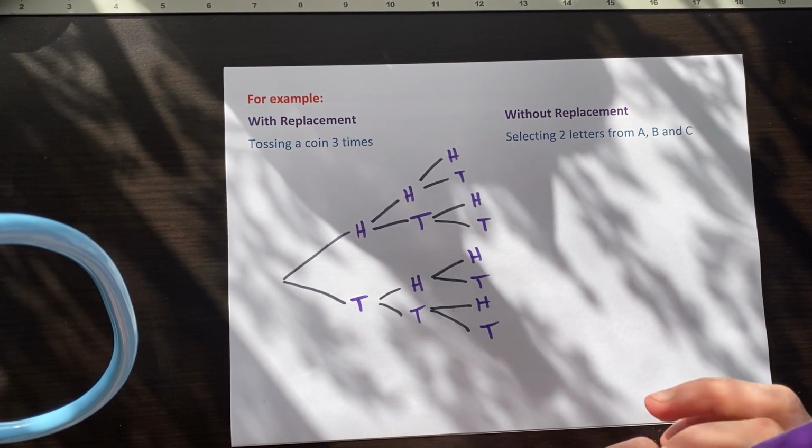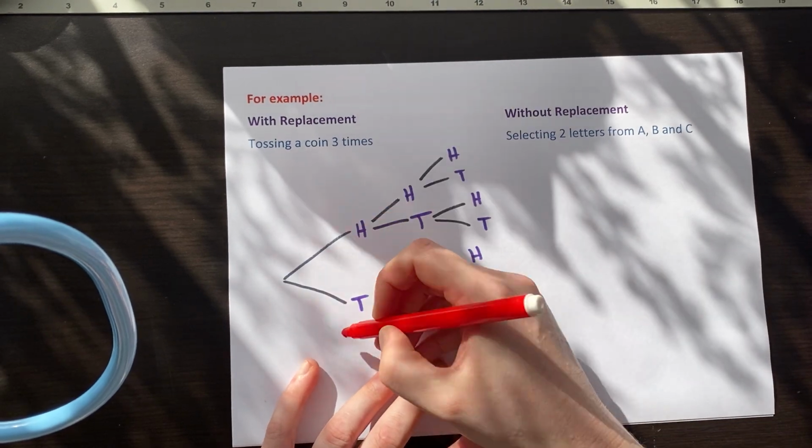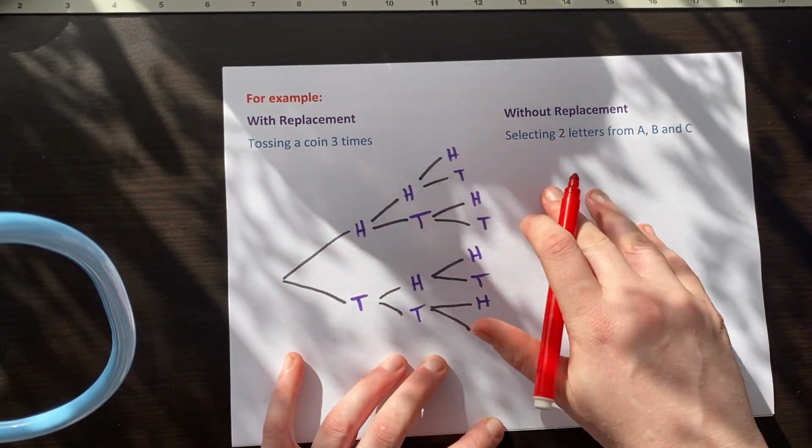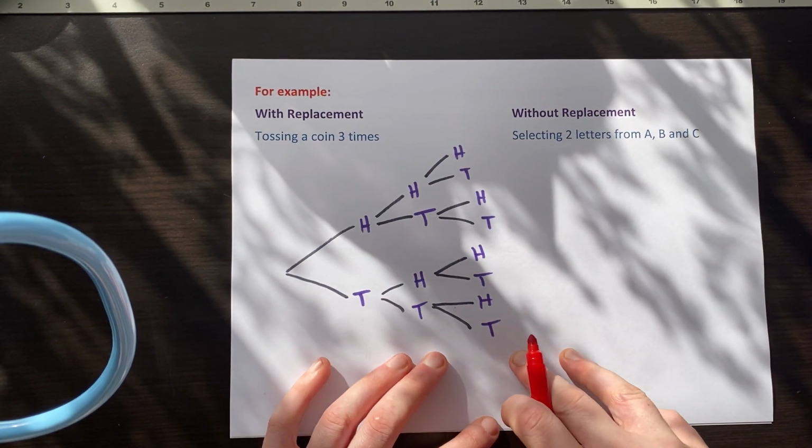If you look at that, we've got 3 different things: here's your first time, your second time, and your third time. And these are all our possible outcomes that come from it.